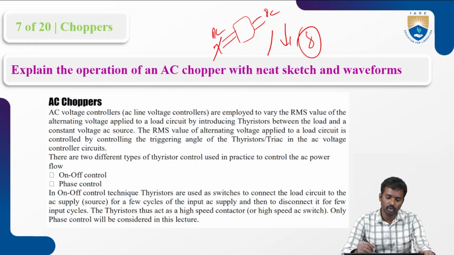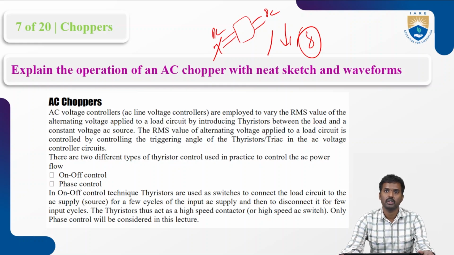But here the input is AC voltage, so AC voltage controllers are employed to vary the RMS value of the alternating voltage applied to the load circuit by introducing thyristors between the load and source. So the source must be an AC source.